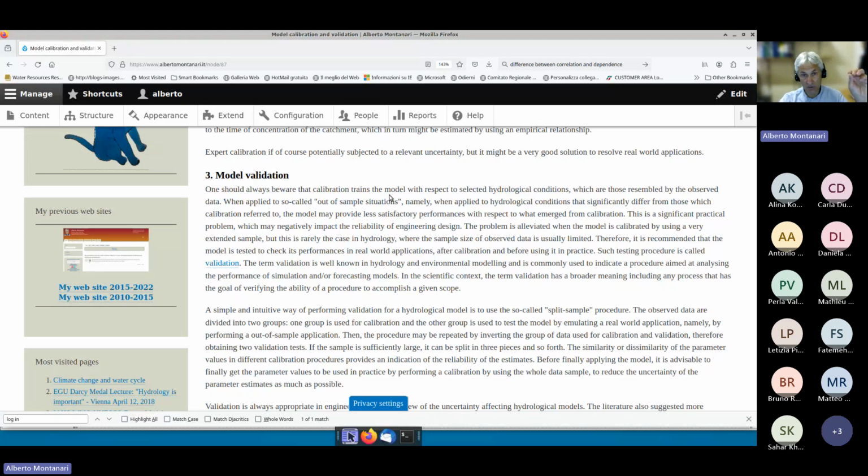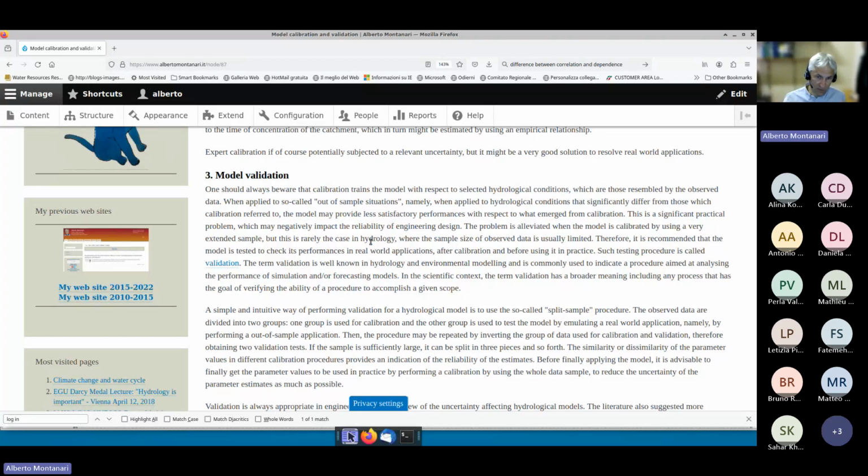It means out of the data that were used to train the model. Okay, so we perform validation, once again, by running the model with respect to a situation that has not been used for training the model. So we run the model with observed data that were not used to calibrate the model. Okay. I hope the concept is clear.